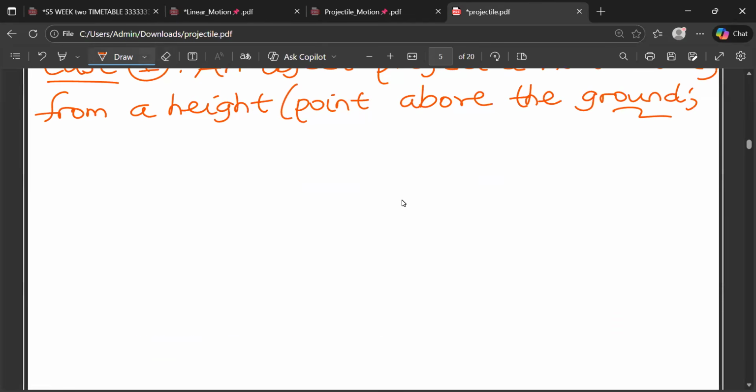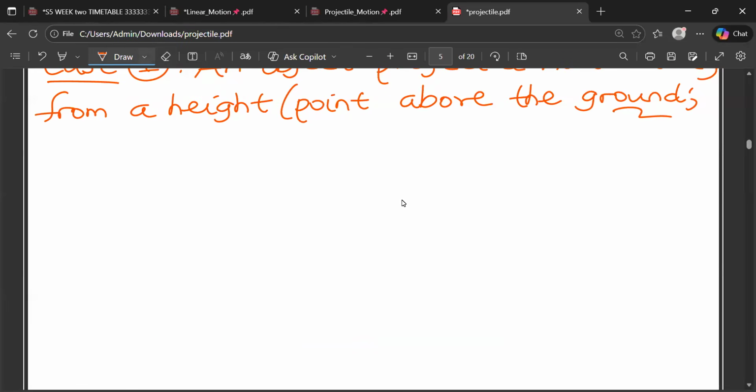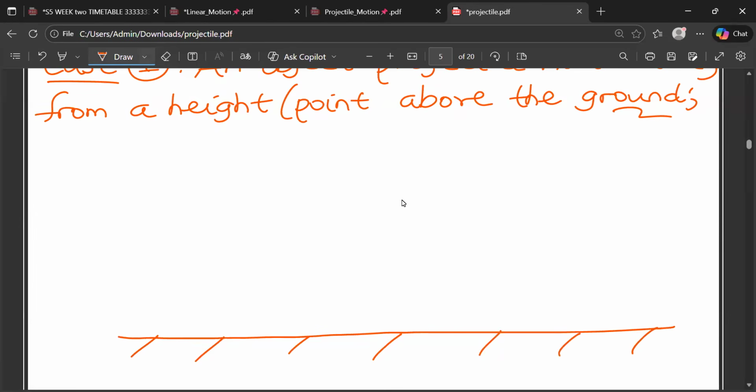We shall keep trying. So this is our ground, like that. That's our ground. So I can come here and say ground, a very common word.